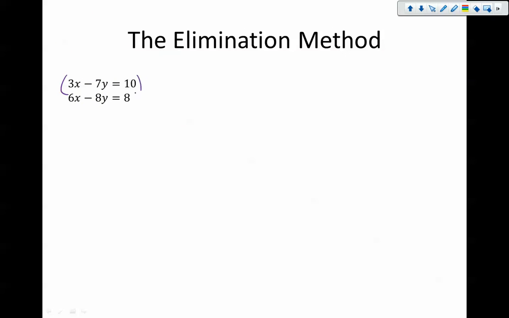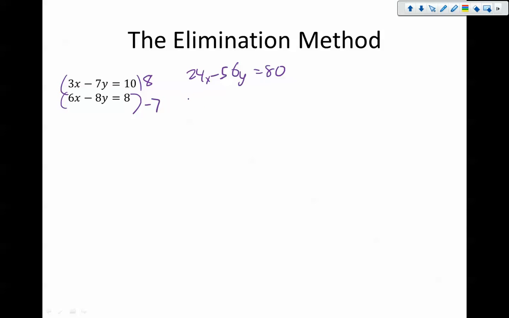Which means if I can make them both 56, I can eliminate them. So to make -7 into 56, I need to multiply it by 8. And to make -8 into 56, I need to multiply it by 7. But remember, I want opposites, so this one's going to be negative. I'm going to multiply this one by -7 so that it becomes positive. Now we get 24x minus 56y equals 80.